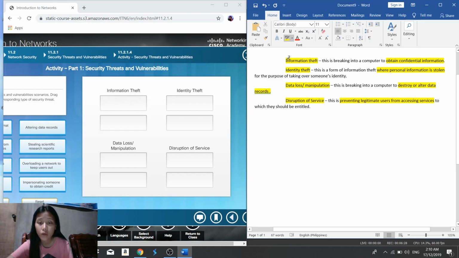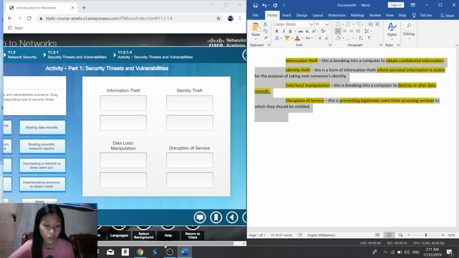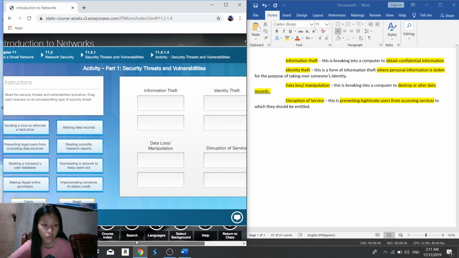I hope you understand all that I said here. So I'm going to answer this now to prove that you really understand what I'm saying. Altering the data records is data loss or manipulation.